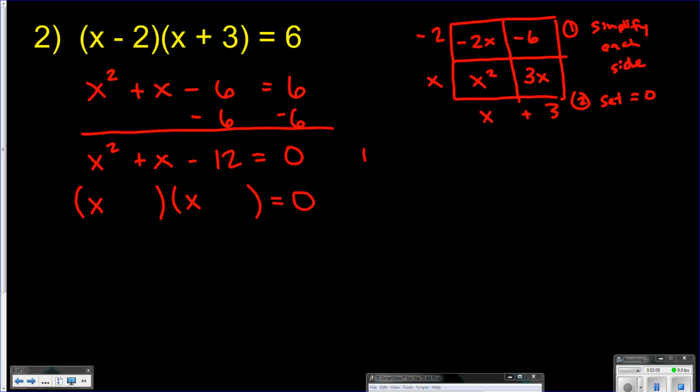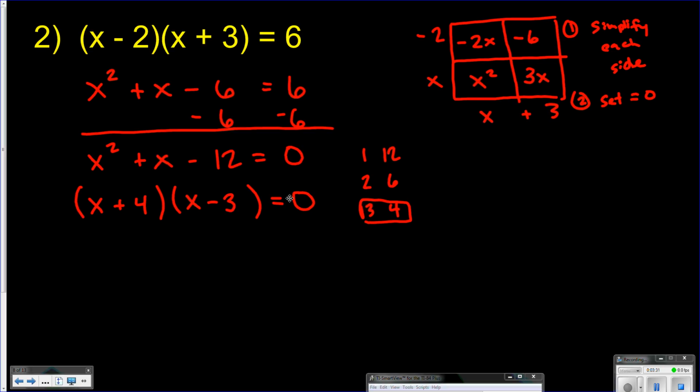So if we think about, we have 1 and 12. One of them has to be negative, remember. 2 and 6. And 3 and 4. Well, 3 and 4 differ by 1, so this is going to be what we're looking for. I need more positives than negatives because this is a positive. So I'm going to have x plus 4 and x minus 3.